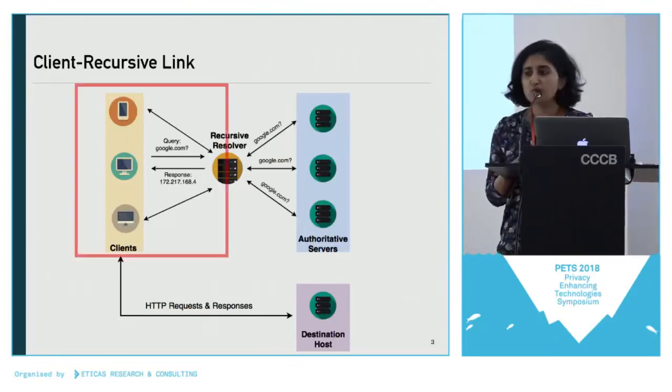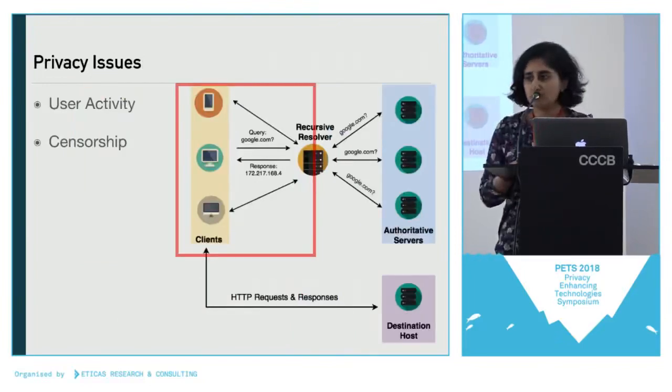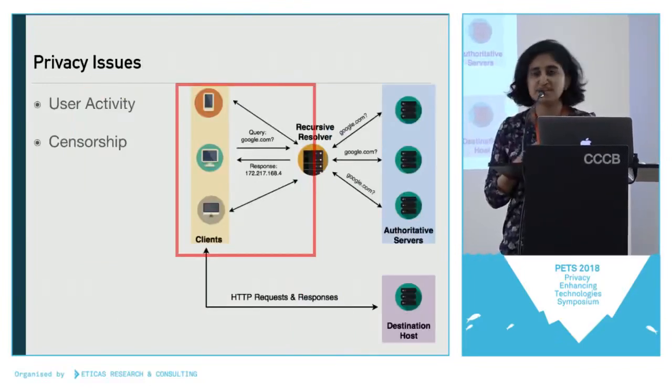In this work, we are going to focus on the link between the client and the recursive resolver. The main issue with DNS is that the DNS queries and responses are unencrypted, which means that they're vulnerable to eavesdropping and tampering.